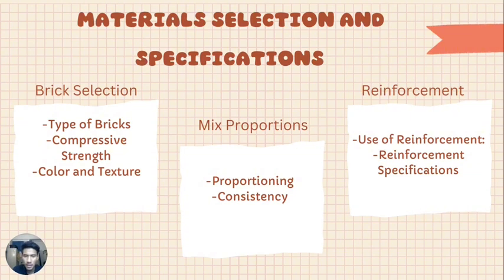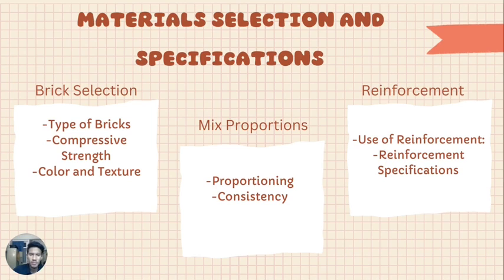Compressive strength. Consider the compressive strength of brick, especially in load-bearing application, because different types of brick have different strength. And then color and texture. Select brick that meets aesthetic requirement, considering the color, texture, and surface finish. This is particularly important in architectural projects.